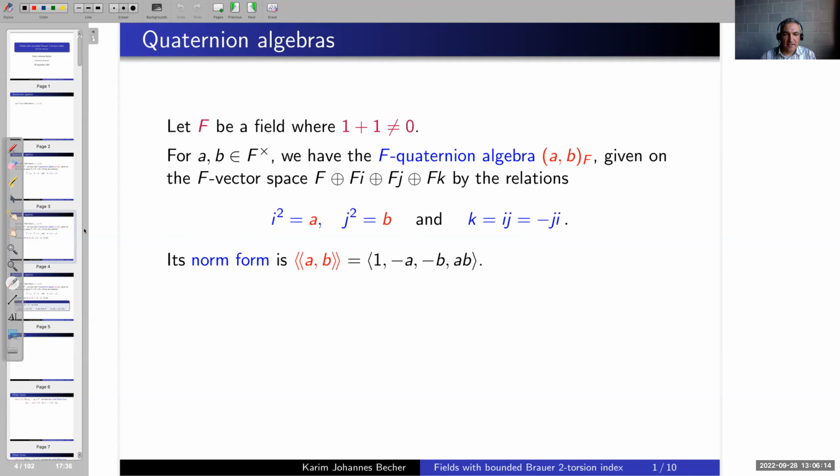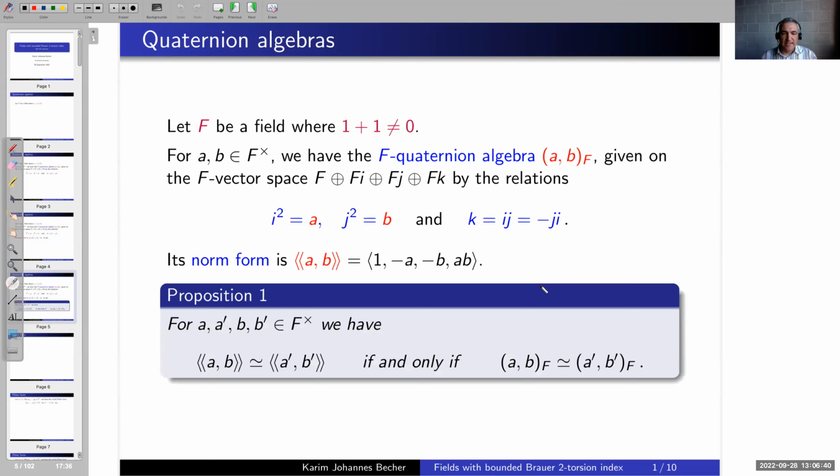It has naturally a quadratic form associated to it, namely its norm form. The diagonal notation will be this, with these starting elements a and b. It will look like this: 1, minus a, minus b, ab as diagonal coefficients. And we have this abbreviated notation where we just denote this by <<a, b>>.